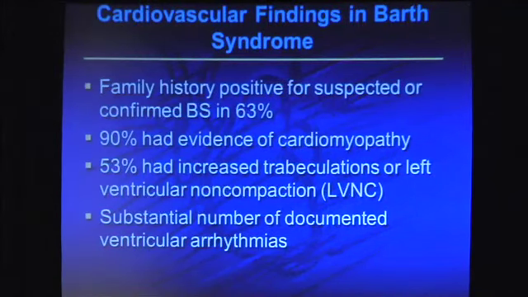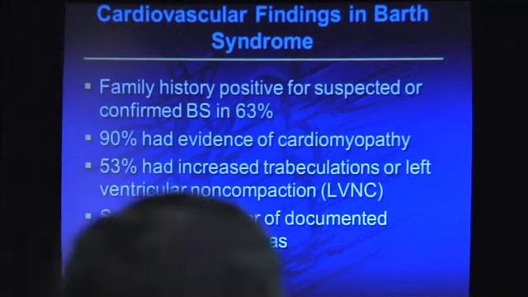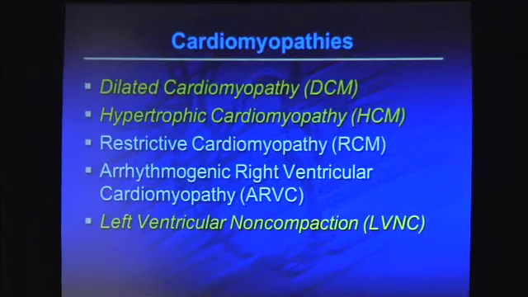And it was evident by this study, at least 90% of these patients had evidence of cardiomyopathy. And once again, it really depends oftentimes on the tool that you use. And the more magnification that you bring to the field, the likelihood goes up that you're actually going to detect something.